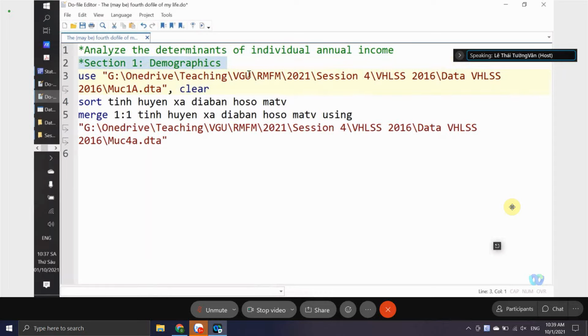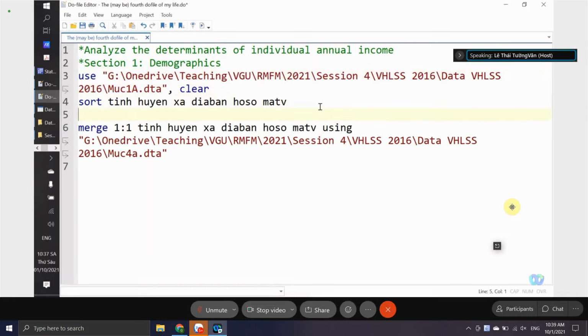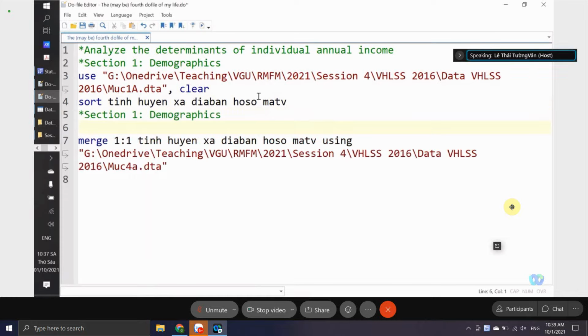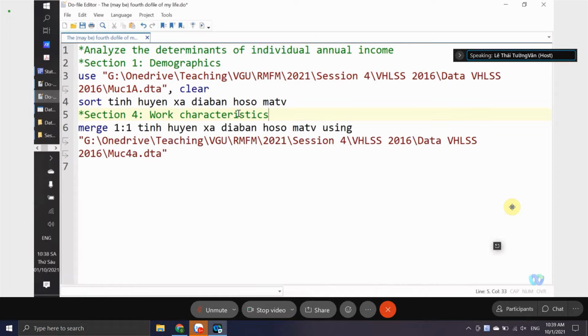Section 2, section 4 is about work characteristics. Right? Work characteristics.